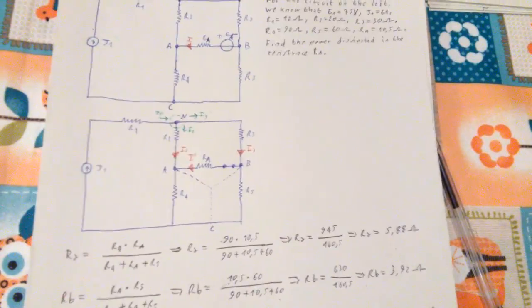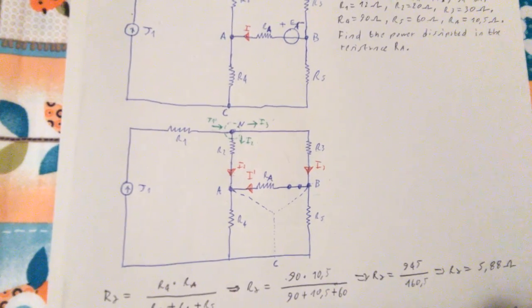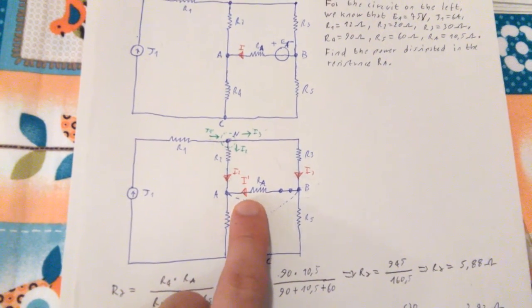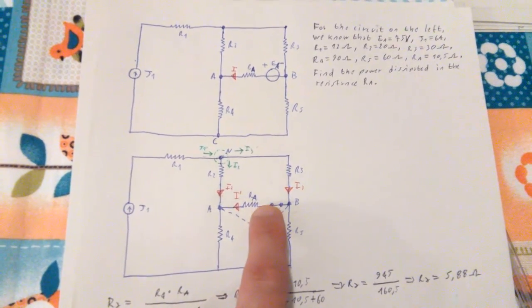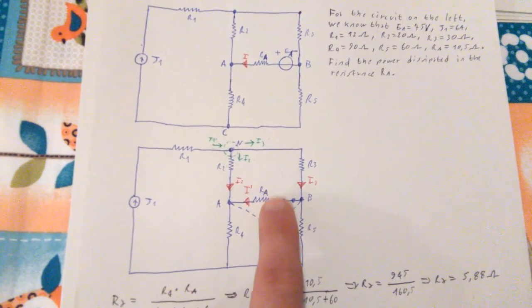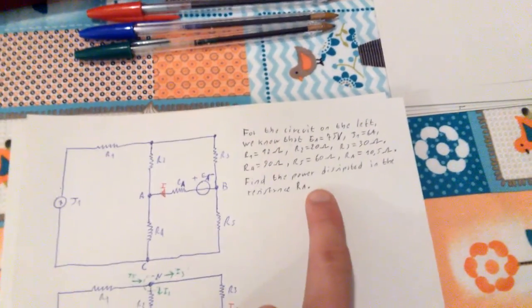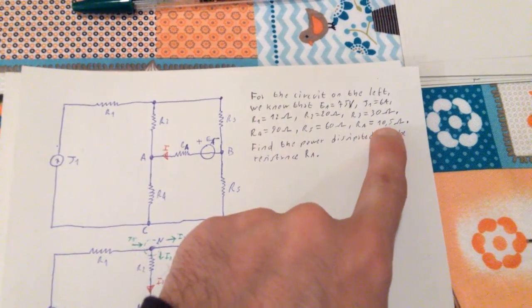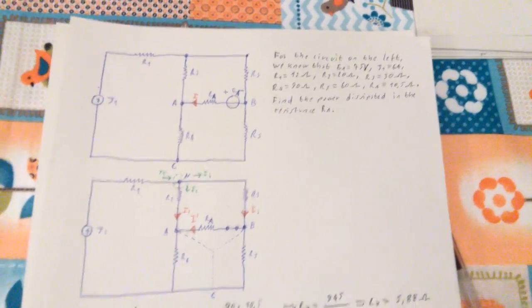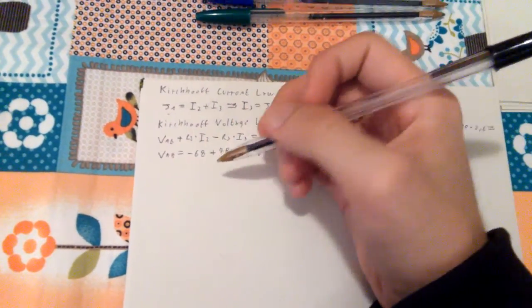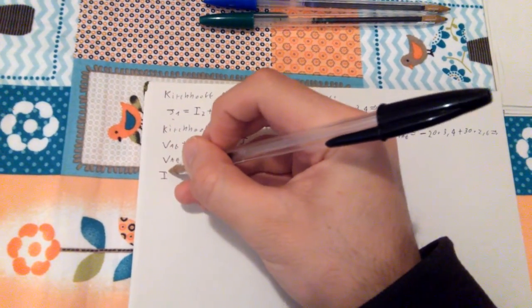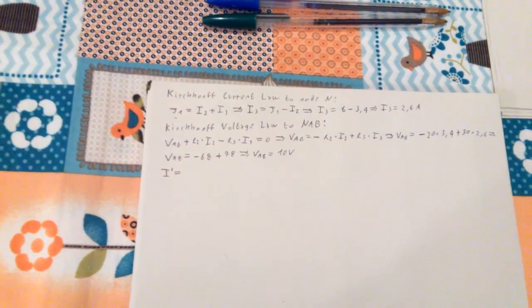In order to do this, this will be just VAB, which is the voltage that we have just found, over RA, which is the value of the resistance given to us by the problem, 10.5.